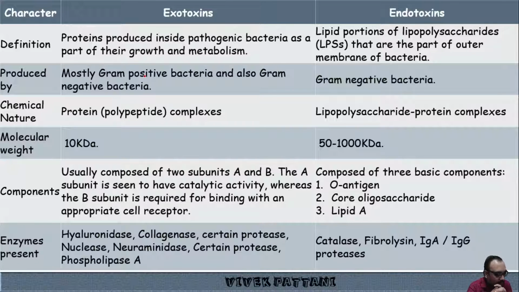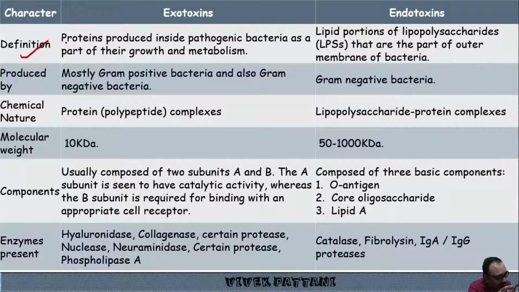Starting with the definitions of both endo and exotoxins. In the case of exotoxins, they are proteins produced inside the pathogenic bacteria as a part of their growth and metabolism, and these toxins are basically released. Whereas endotoxins are lipid portions of the lipopolysaccharides that are part of the outer membrane of the bacteria.